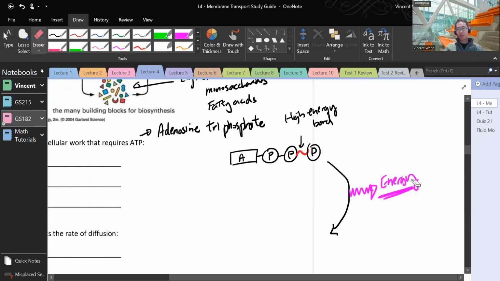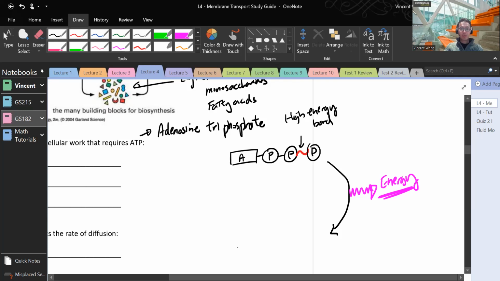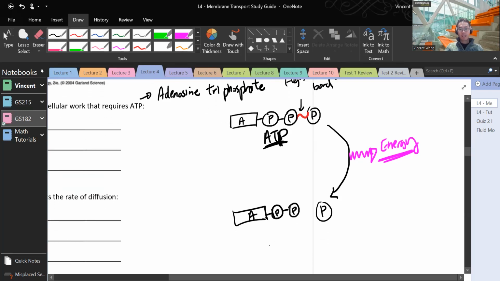Okay, so the energy can be used to do different work. We'll come back to this in a second, but after you break off the P, you will be left with just the A and then 2 P's, right? And then just 1 P floating around. So this is ATP, adenosine triphosphate, but afterwards we are going to have ADP, adenosine diphosphate, plus just a phosphate.